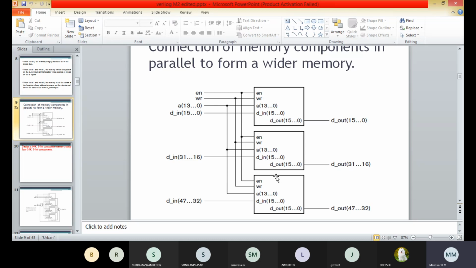In many applications, the total number of locations is a power of 2, say 2 power n, and each memory component has a smaller number of locations, that is 2 power k. And here the number of memory components is 2 power n by 2 power k.